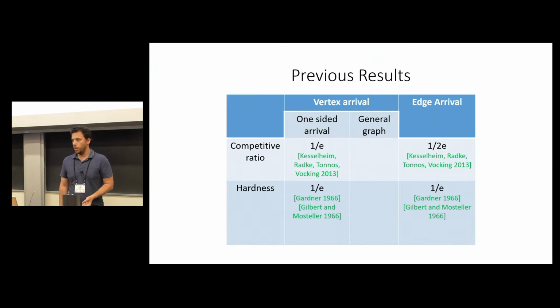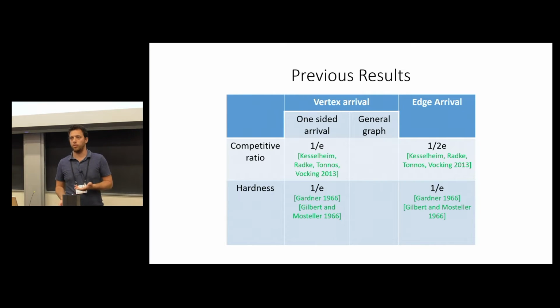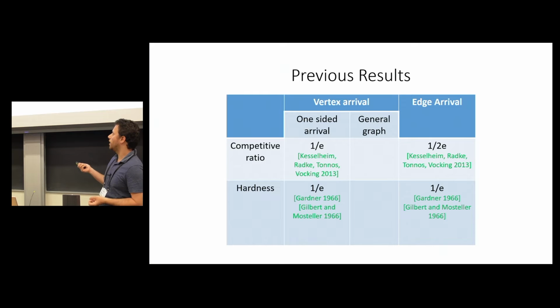Now that we defined the two problems that we are trying to solve, what was known before? I mentioned the result of Kesselheim et al., the competitive ratio of 1/e, and the classical result of the secretary problem shows that you cannot do better.